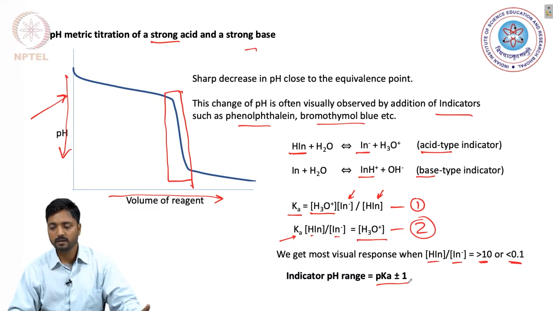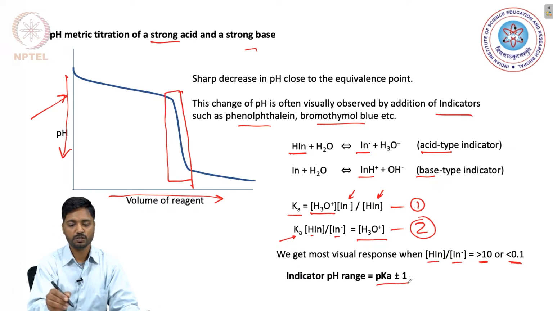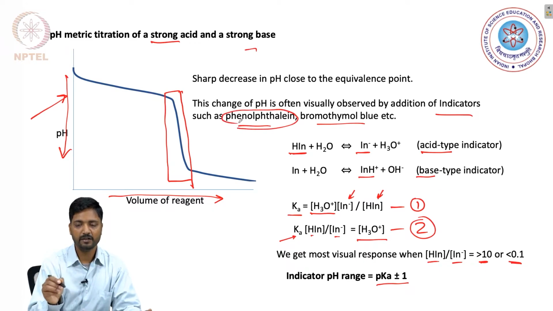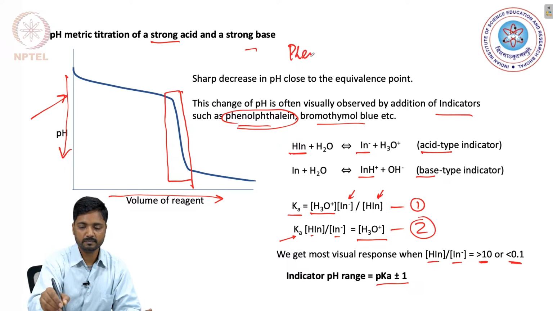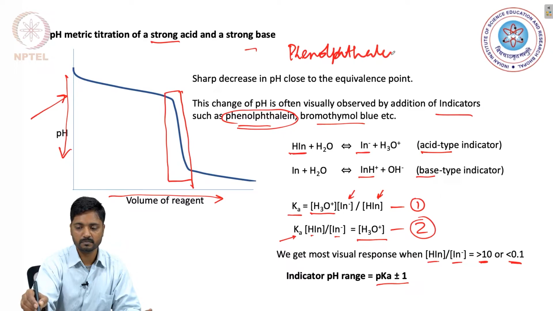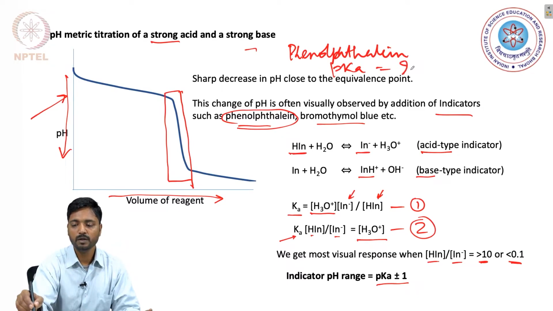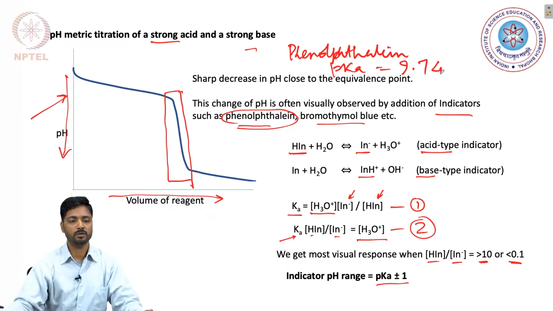So, let us consider the most common acid type indicator, which is phenolphthalein, and phenolphthalein is known to have a pK value of 9.74.